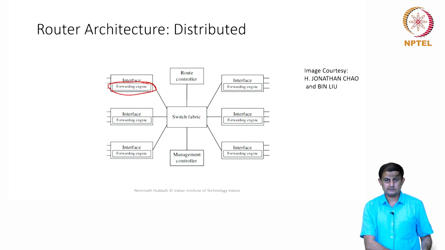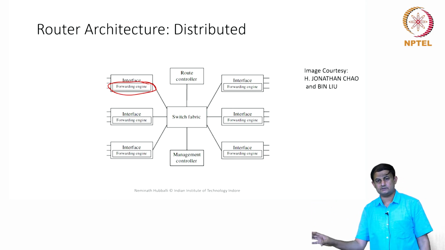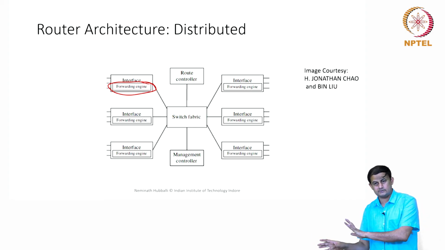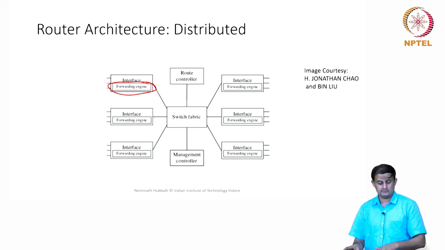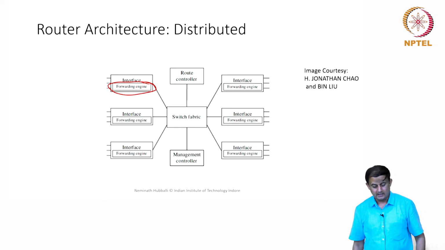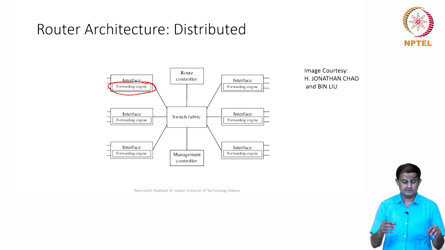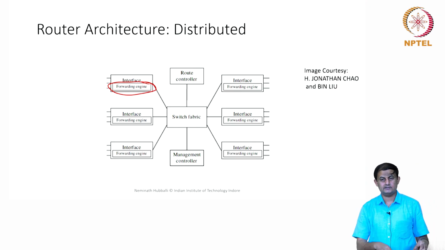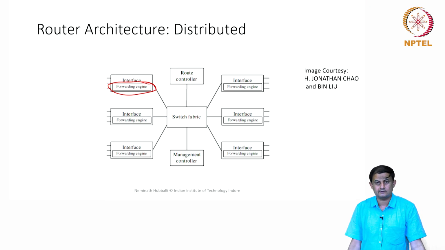In the previous case, there were only a handful of instances, and everyone was sharing those routing tables and making the forwarding decisions. But unlike that, here I have an independent routing table sitting in each interface, and it is consulted every time a packet is received on that interface.